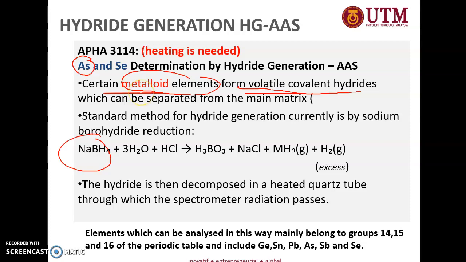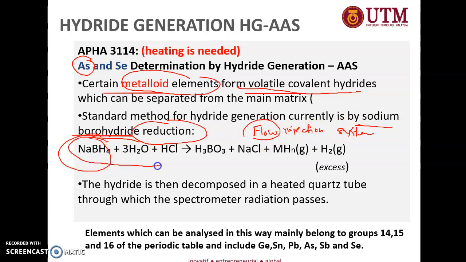Let us see the reaction. The standard method for hydride generation currently is by sodium borohydride, using the concept of reduction. In the instrument, you can imagine, how can the instrument mix two reagents together? So we will see what we call a flow injection system. The flow injection system is the one that flows in the reagents.